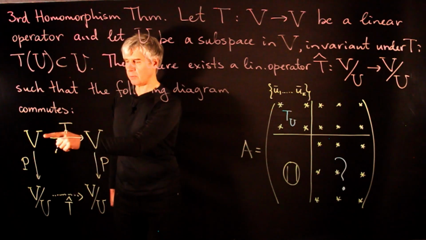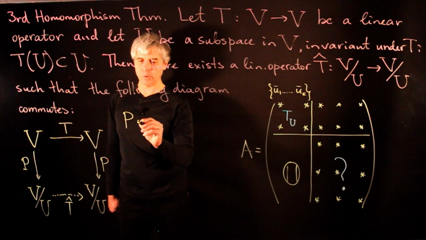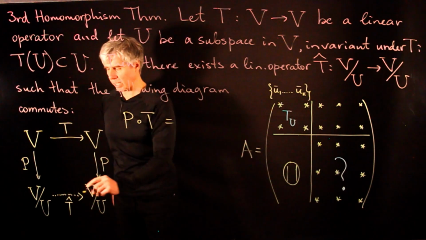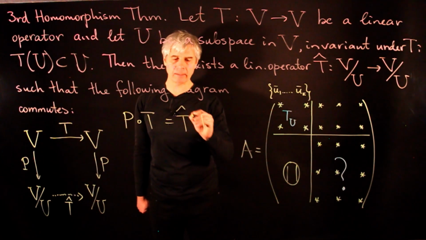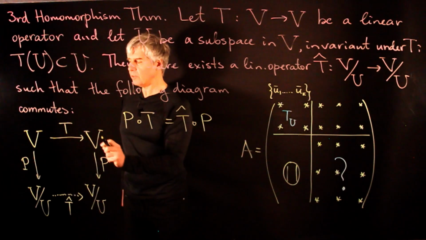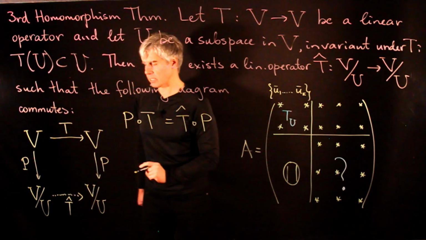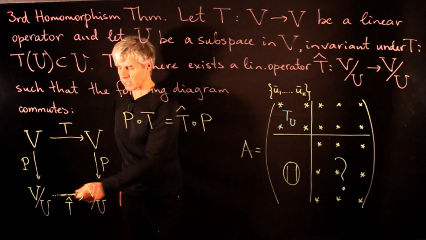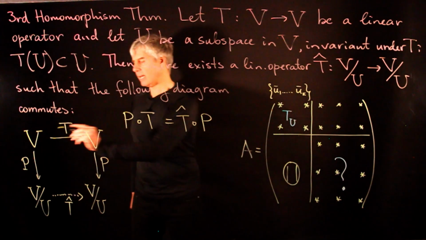So this tells us that if we follow these two arrows, this will give us the composition of P with T, which is the same as if we follow these two arrows. So here we'll have P followed by T hat. So here we are given a linear operator T from V to V, and since we have these quotient spaces, we also have the canonical projections, and the claim is that there exists a linear operator on the quotient space downstairs from V quotient by U to itself, such that this diagram commutes.